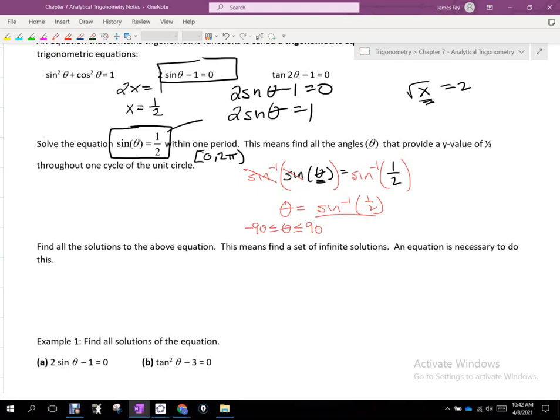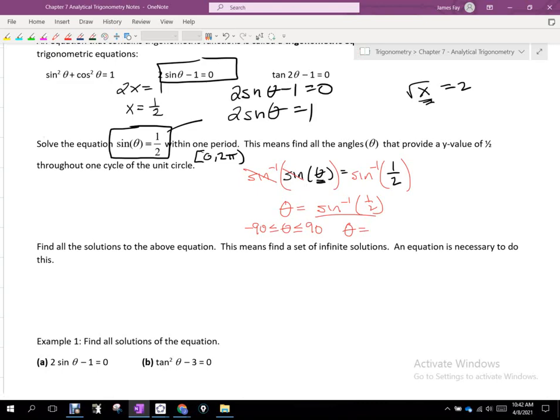So you can evaluate that. I can either grab my unit circle, I can go from memory, or I can use my calculator. And if I say sine inverse of 1/2, what am I going to get back? If I think about my unit circle, I think about the y values that are between -90 and +90, because those are the only ones I'm allowed to use here because of the cancellation concept that we employed.